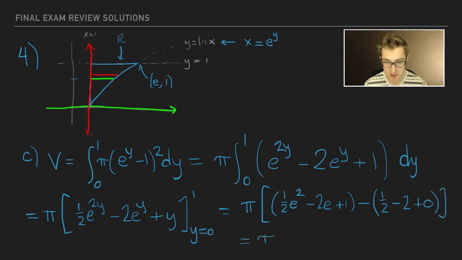So this simplifies to pi times: the coefficient on e squared is 1/2. I have minus 2e, and then there's a plus 1 here, and then there's a minus negative 3/2. So 1 plus 3/2 is plus 5/2. And there we go.